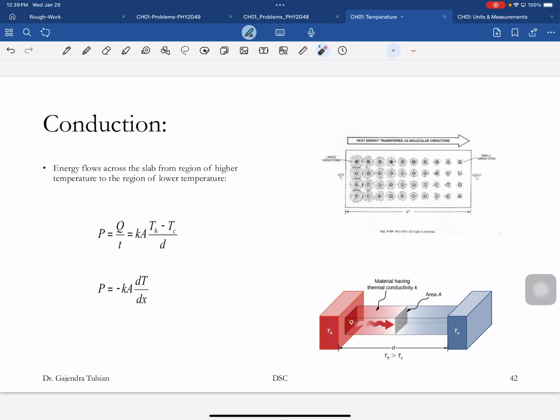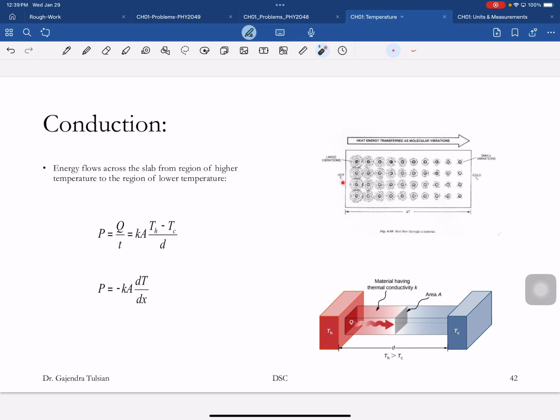All right, this is the temperature gradient. And heat flows from a higher temperature to a lower temperature. So dT/dx, if x is that direction, dT/dx is negative, and so there's the negative sign. So the rate of heat flow is the thermal conductivity times the area of cross-section times the negative of the temperature gradient.